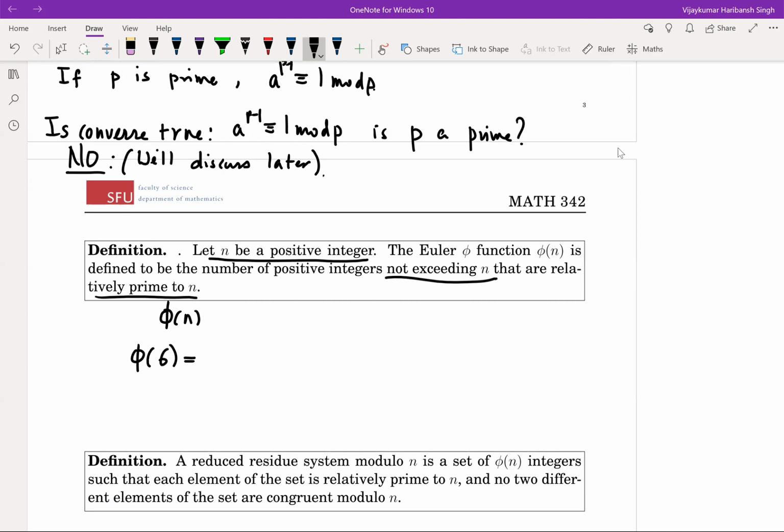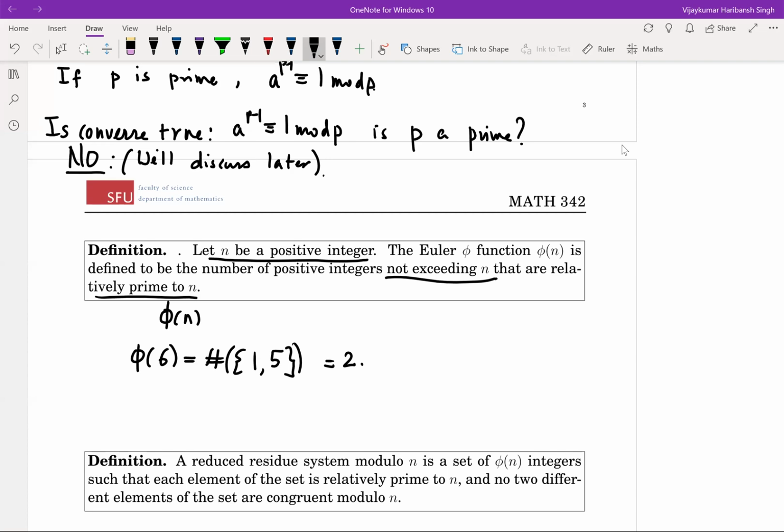What are the numbers not exceeding 6 and relatively prime with 6? 1 is there, 2 no, 3 no, 4 also no, 5 yes, and 6 of course is not coprime with 6. So phi of 6 is the size of this set, which is 2.